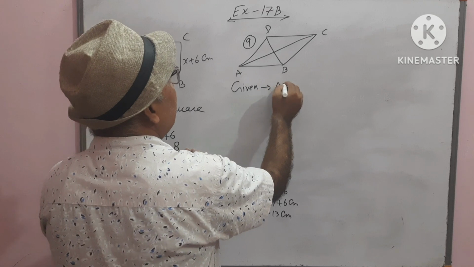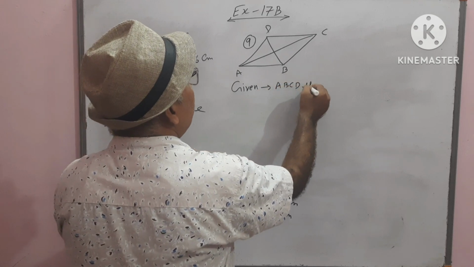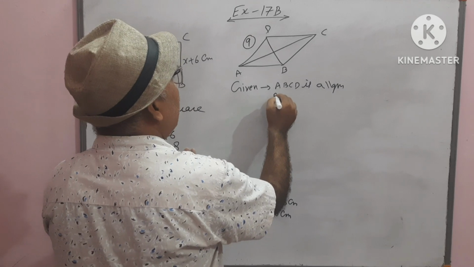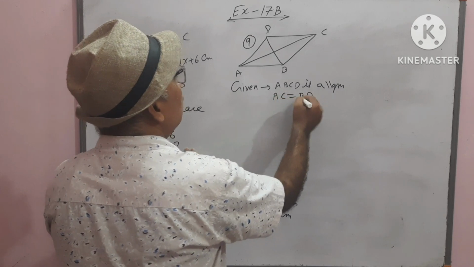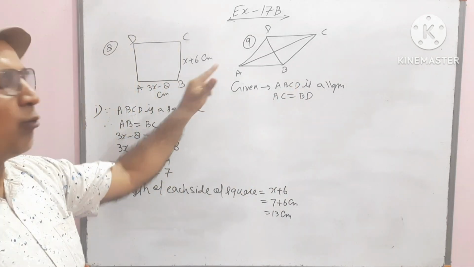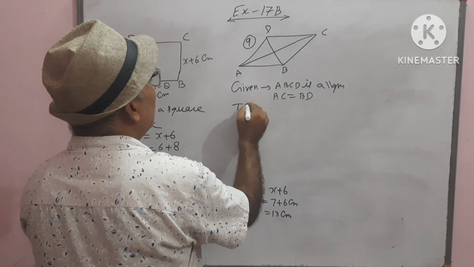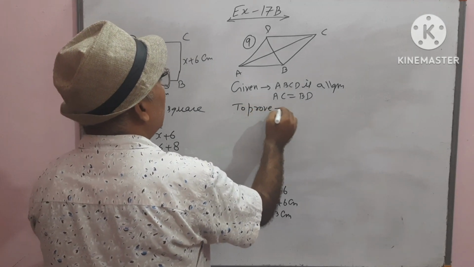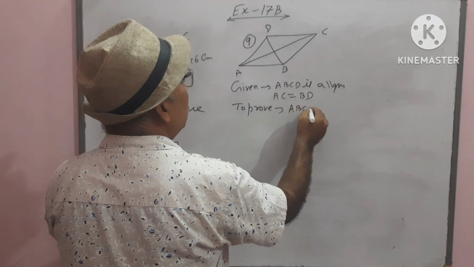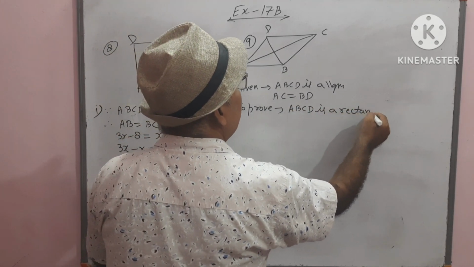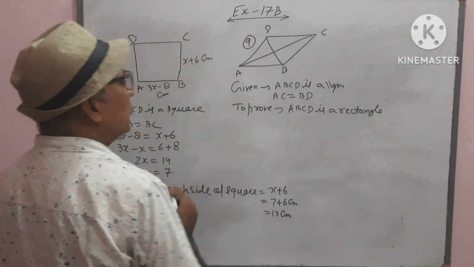What is given here? ABCD is a parallelogram and AC is equal to BD. These 2 points have been given. What we have to prove? We have to prove that ABCD is a rectangle.